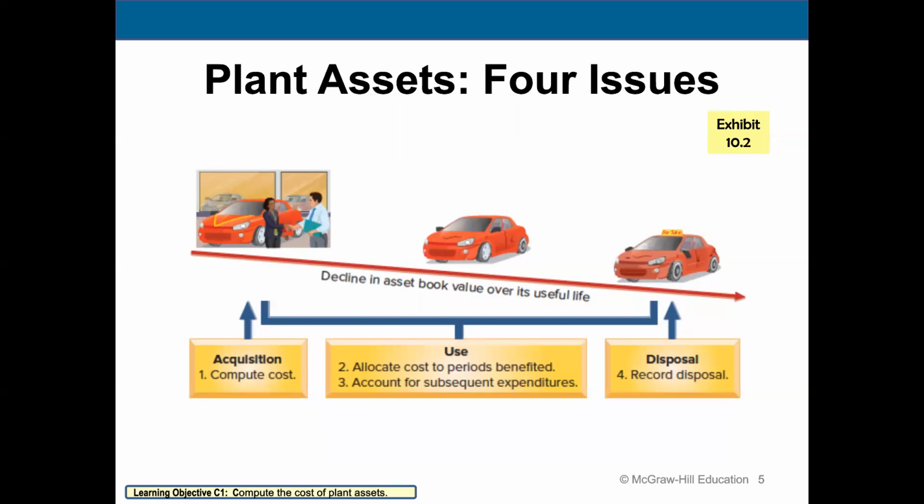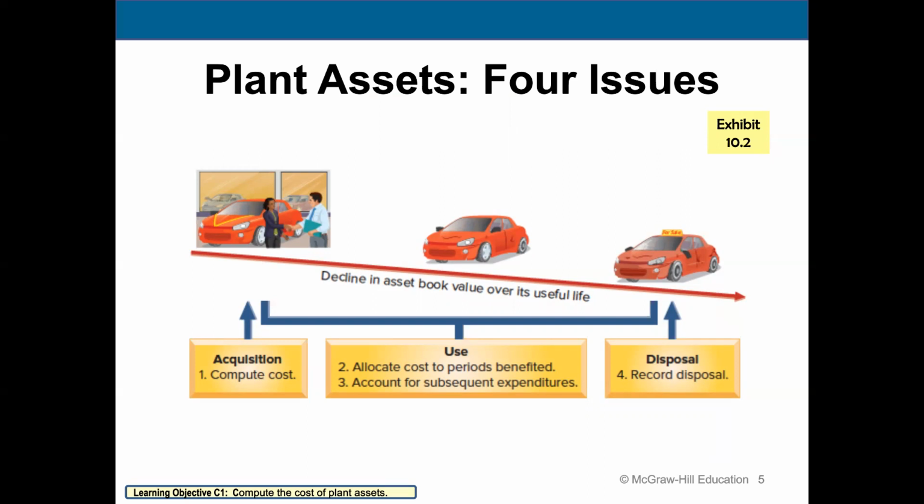We need to understand how much our acquisition cost is, what it costs us to get the plant asset. Then we have to keep track of it during its useful life, which means we have to allocate the cost to the amount of time in its life, and account for any subsequent or additional expenditures that we're going to use during its life. And finally, we have to account for it when we dispose of it.